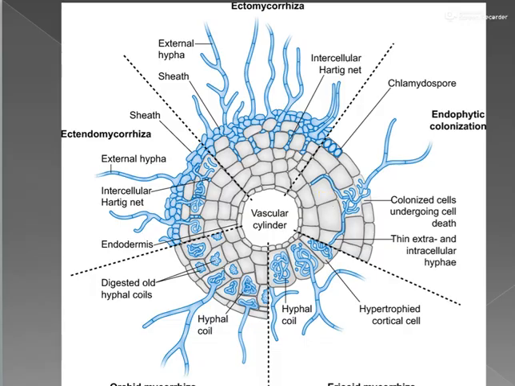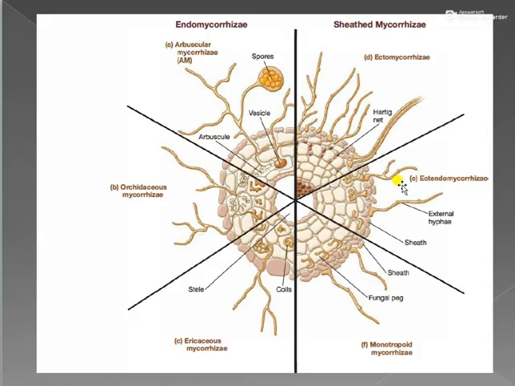Now, how are ectendomycorrhizae different? A little more extension of that is carried out over here. And in the case of monotropoid, you have certain other elements called the fungal peg, but such structural elements are not found in ectendo.